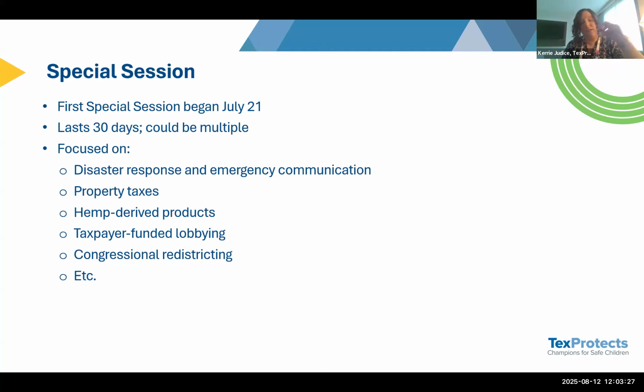And so you've seen the news about how so many have left the state just so that they cannot get this legislation passed. But without them here, they're not able to move anything really all the way through the process.